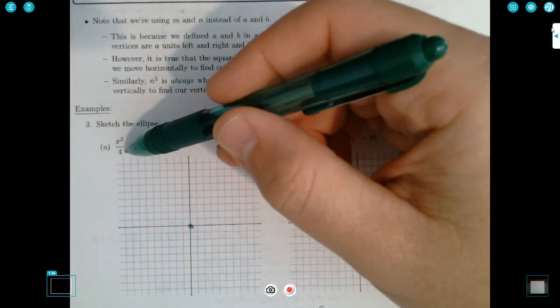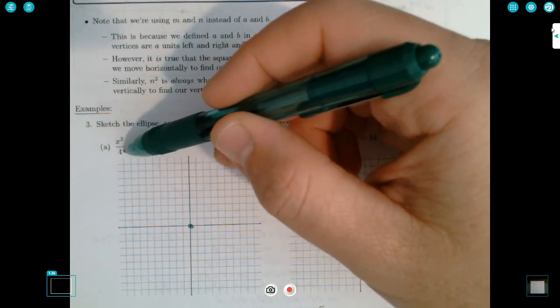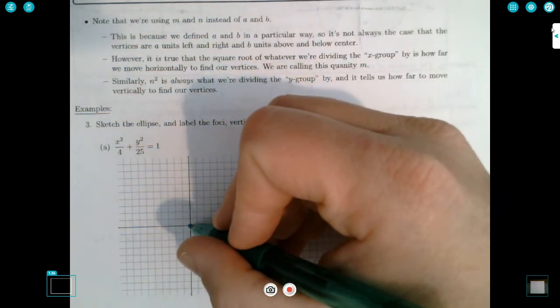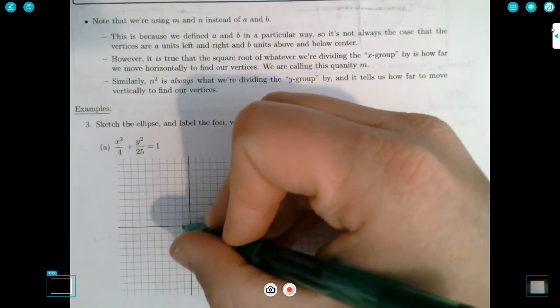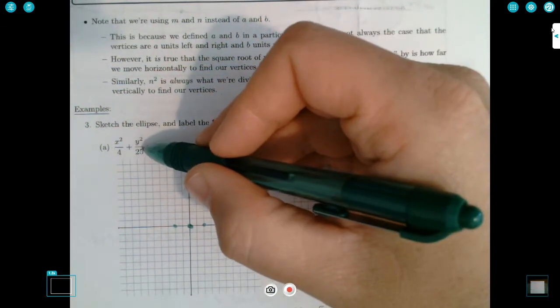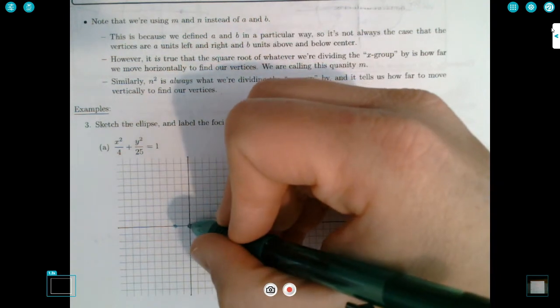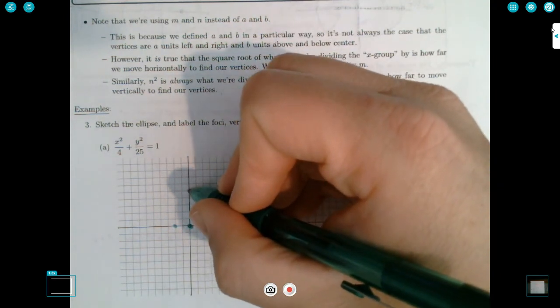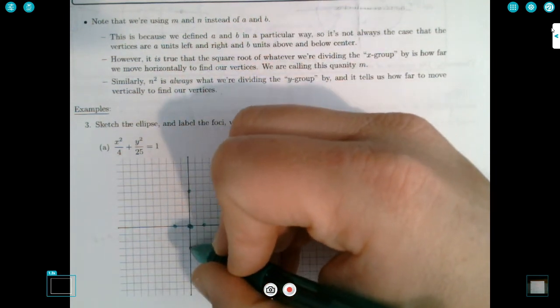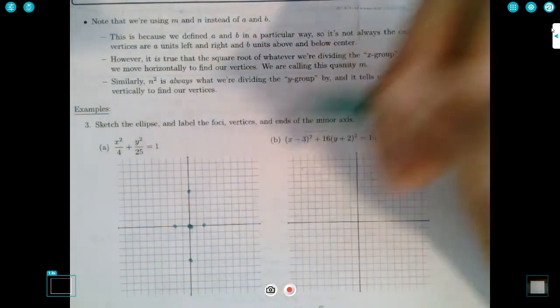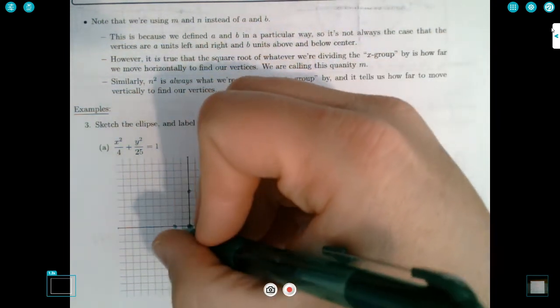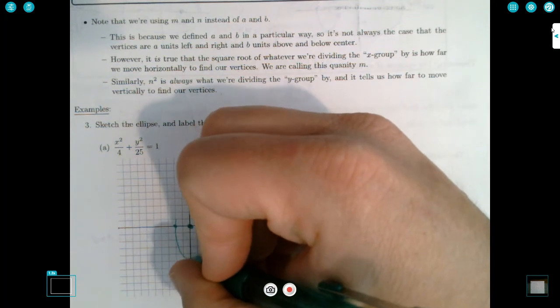From the center, we're going to plot a couple of points. You take the square root of this number: the square root of 4 is 2, so you go 2 units left and right. The square root of 25 is 5, so you go 5 units above and below. Then you can connect the dots.